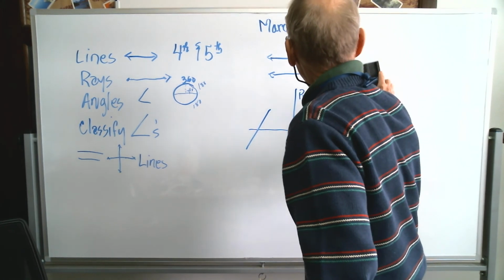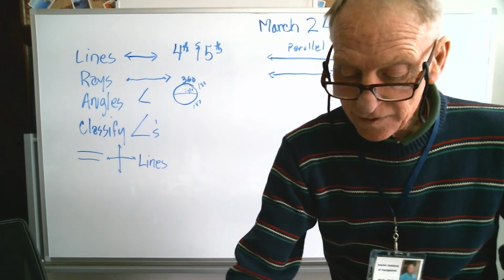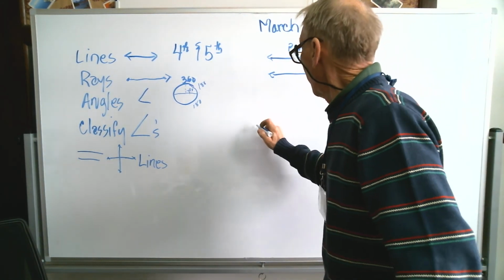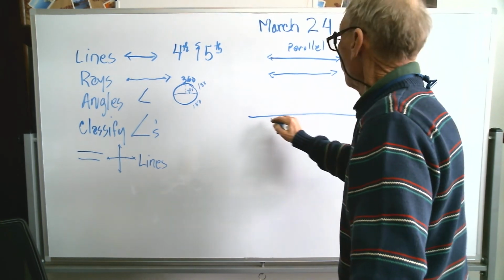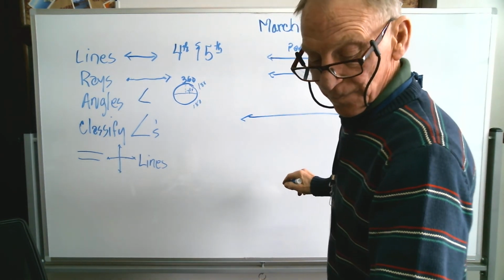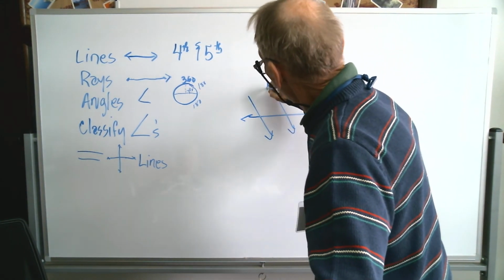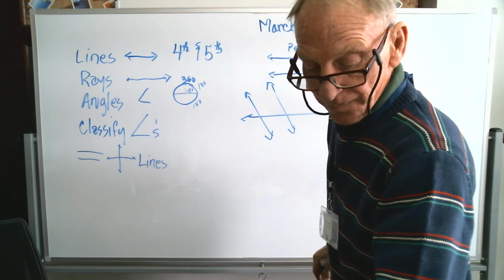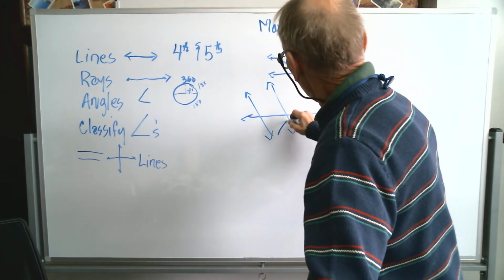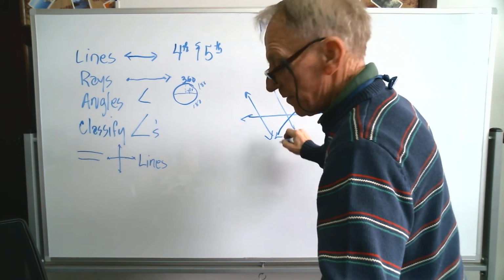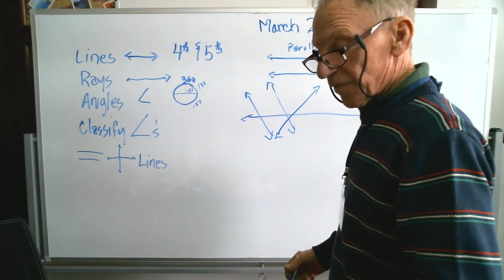They build a series of lines here, and you have this one, and then you have two lines like this, and then you've got one that crosses like that, and of course they label all of these.